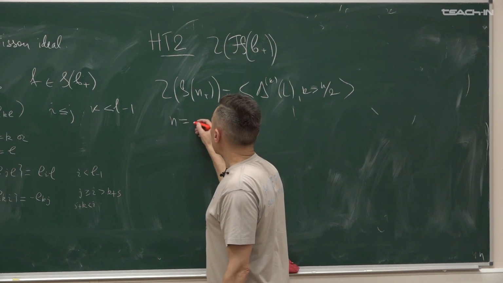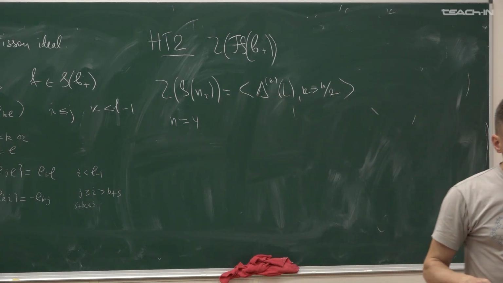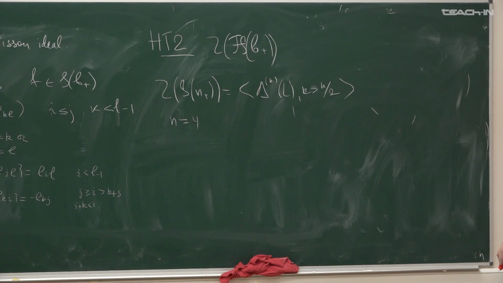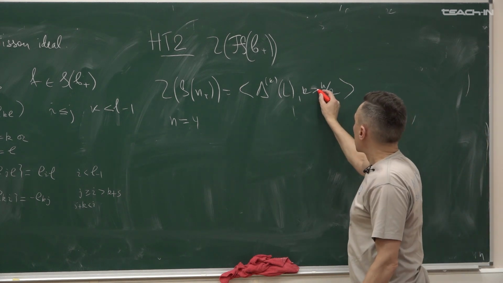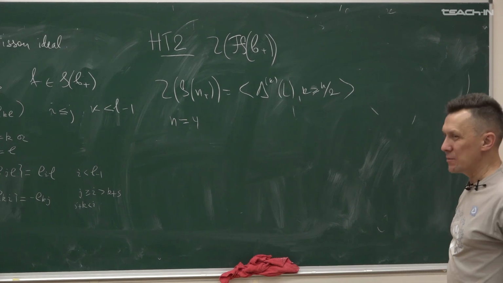Let us verify it for n equal 4. In this case, it is a six-dimensional Lie algebra. For n equals 4, only one guy, remember, because k is at least 3. Yes. There are two elements.